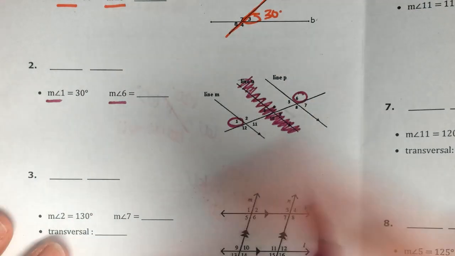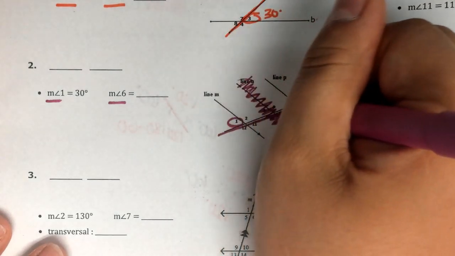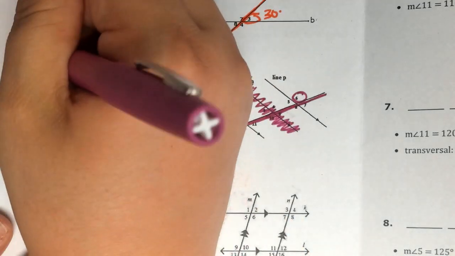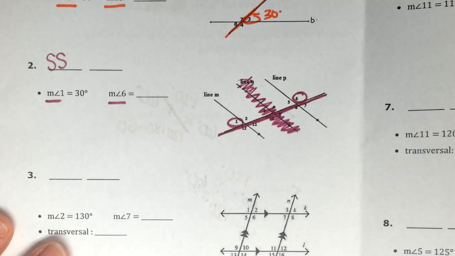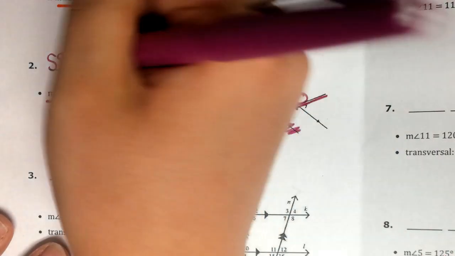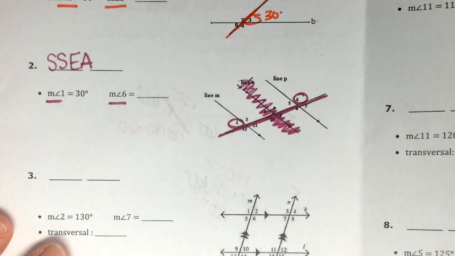Now again, what's the first question you need to ask yourself? Same side or different sides? Same side. Inside or outside? Are they in between these two lines or outside of the two lines? Outside. So it's exterior.